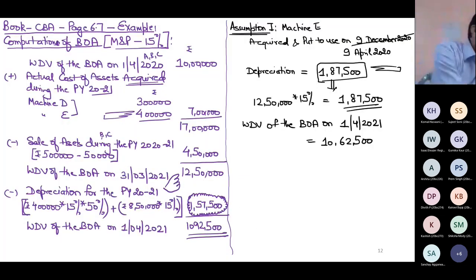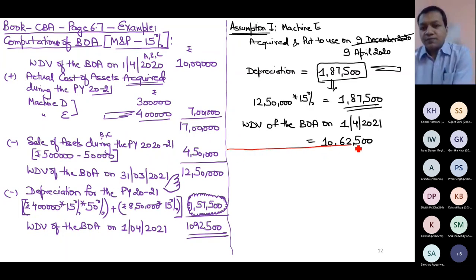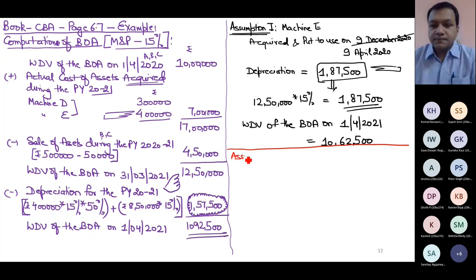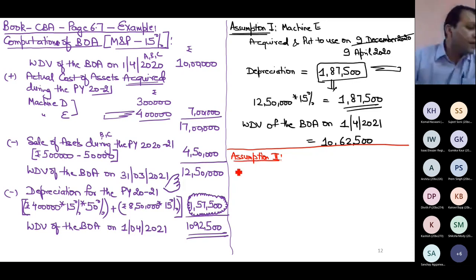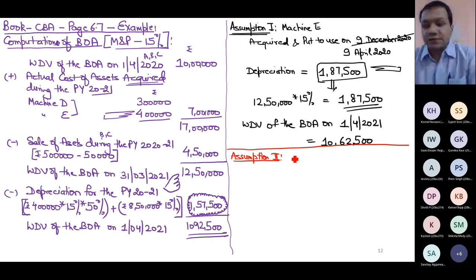Assumption number 2. My assumption 2 says machine B and C were sold for 14 lakh rupees.